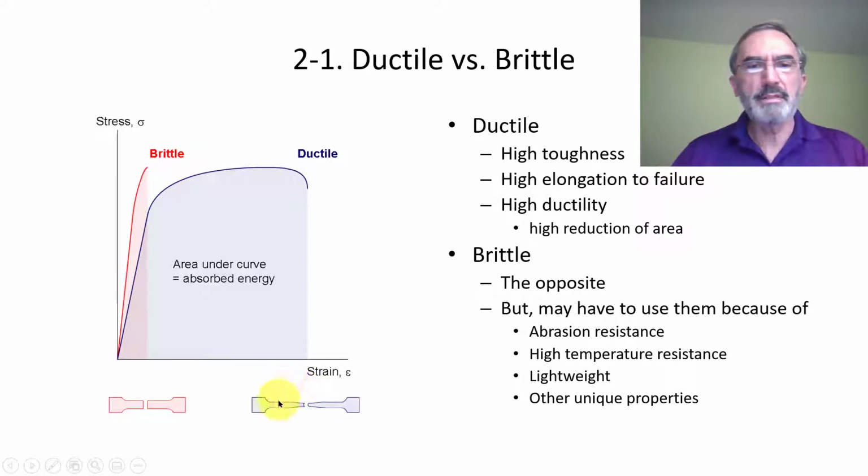All right, these are all desirable properties for structures because when we exceed the design load, it will be below this point because this is yield. With a safety factor we will go down here, but if there is an overload, say you crash your car, you may exceed this value.